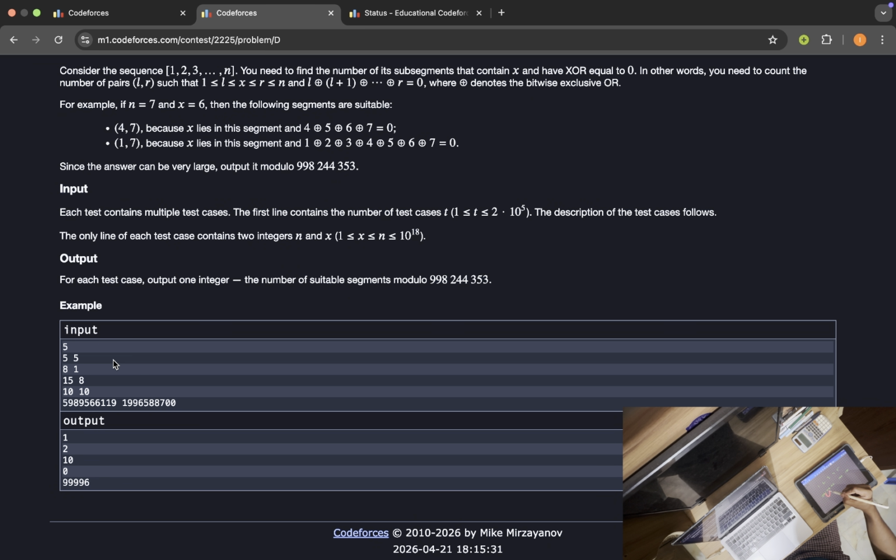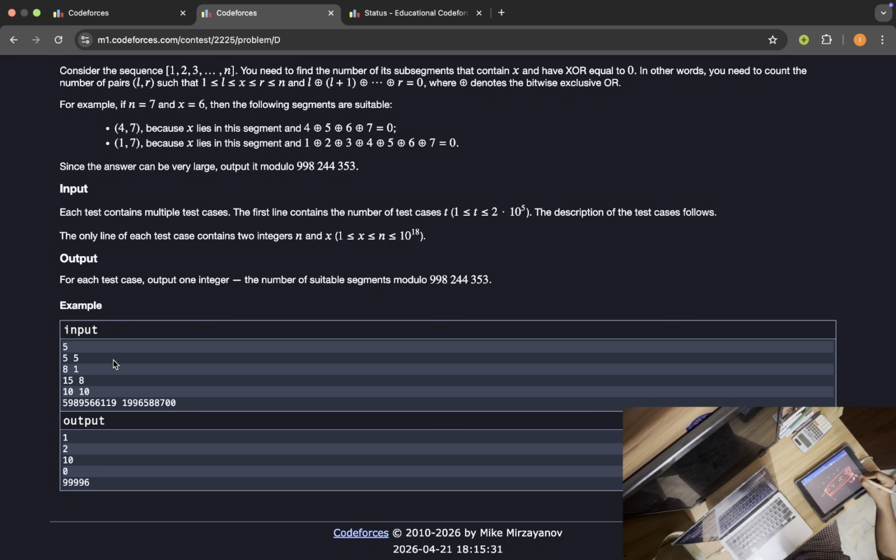So they cancel out. 1, 2, 3, I have 1, so I cannot use 1. 1, 2, 2, yep. 1, 1, 2, yep. So for this part, yeah. So I have to have an x.